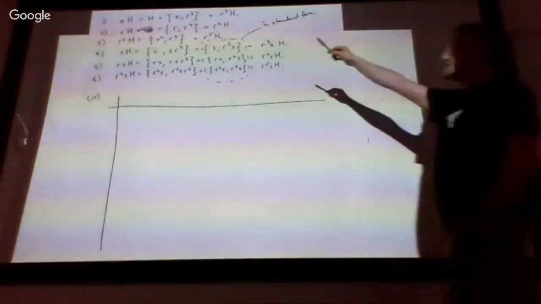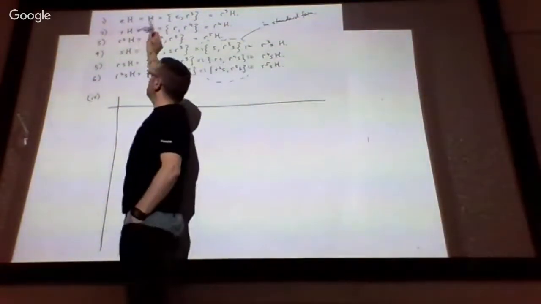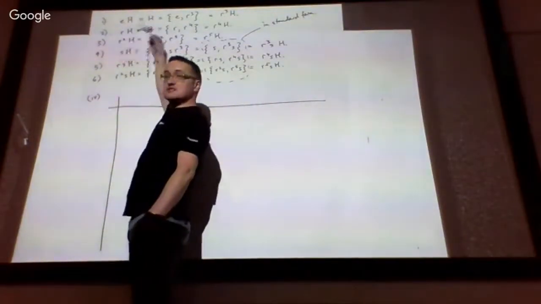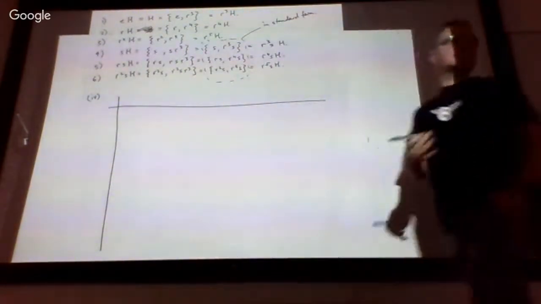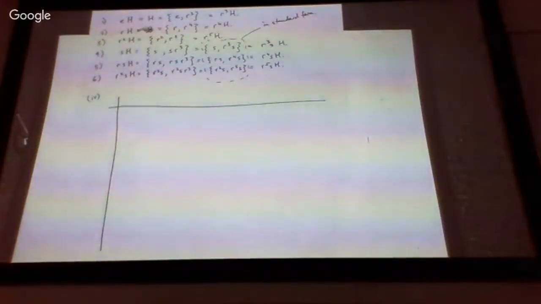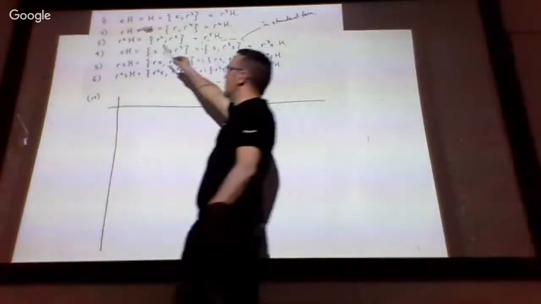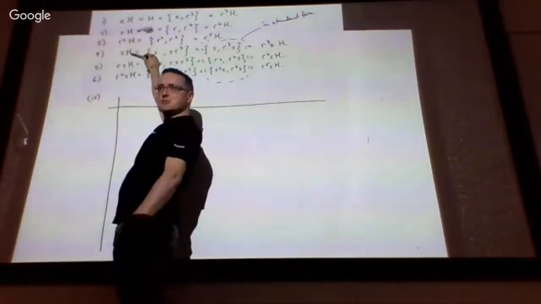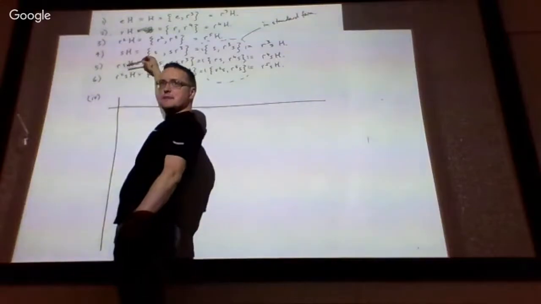I could just use these expressions here as labels: H, RH, R squared H. Maybe just use the name of the left coset. I think in the solutions I went fancy and brought in some Greek letters. I called these two rho 1 and rho 2, and I call these sigma 1, sigma 2, sigma 3.